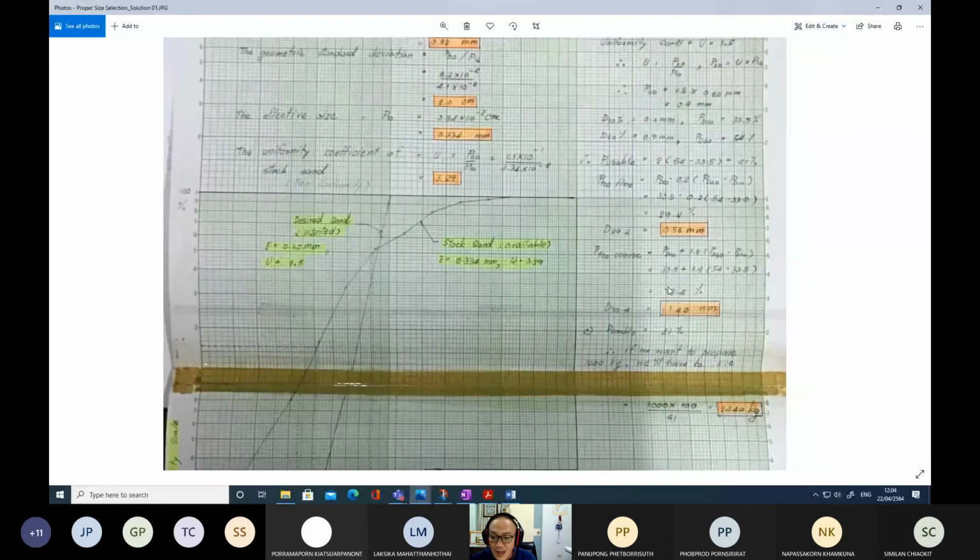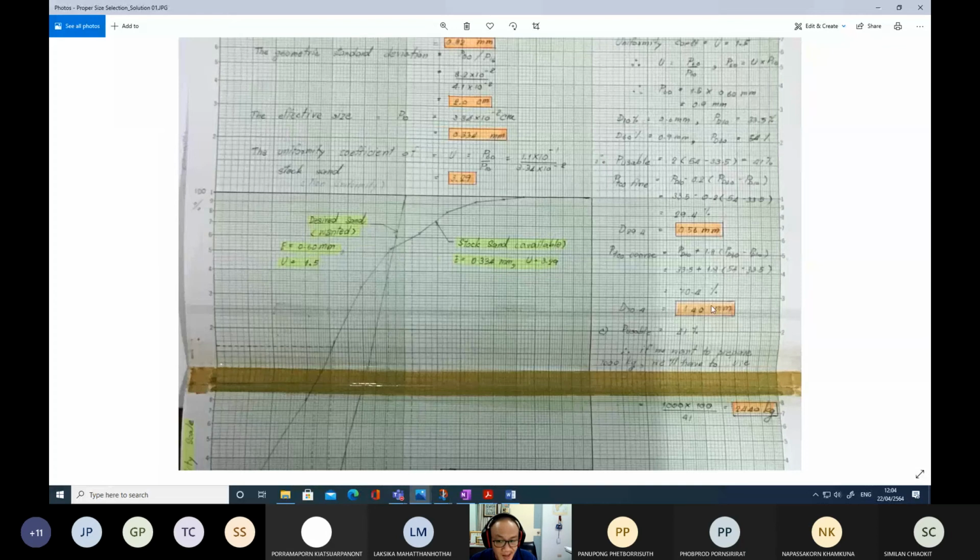70.4% falls at 1.4 millimeters. Those with the size larger than 1.4 millimeters need to be removed. Smaller than 0.56 needs to be removed, this is too fine. And if it is larger than 1.4 millimeters, this also needs to be removed.